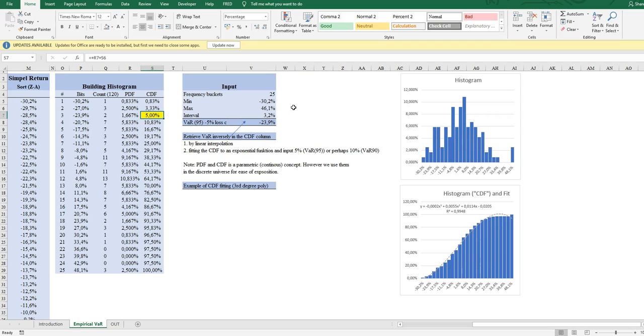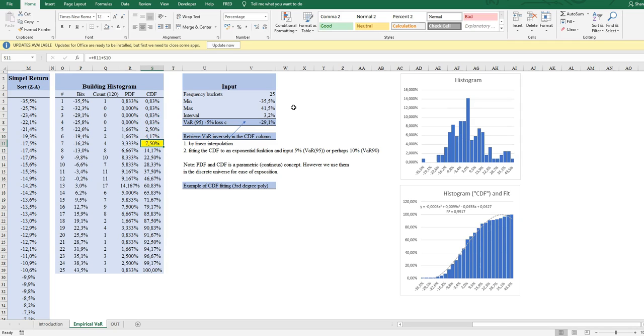If we didn't have 5% here exactly, then I would have to make some kind of interpolation. So like here, the 5% is somewhere in between here. I would make some linear interpolation, and it will give me a result in between those two. Time is running a little bit out, so I will not show you how to make the linear interpolation, but it's quite trivial.